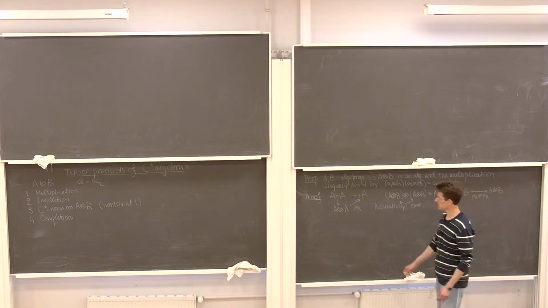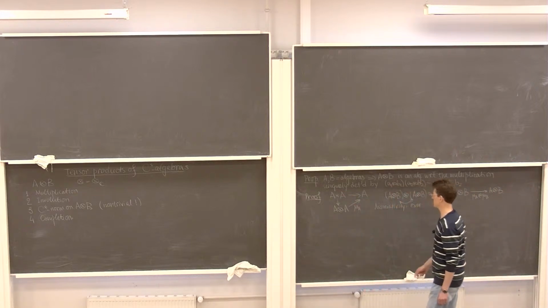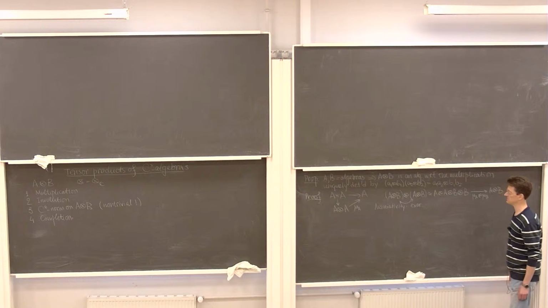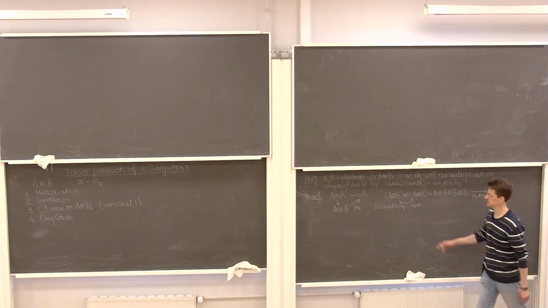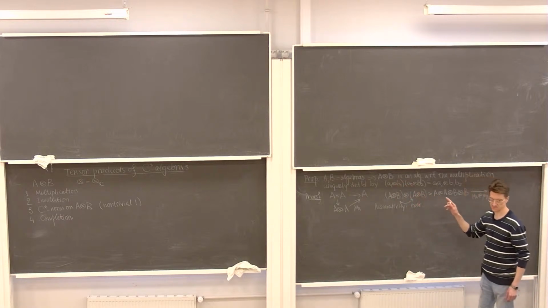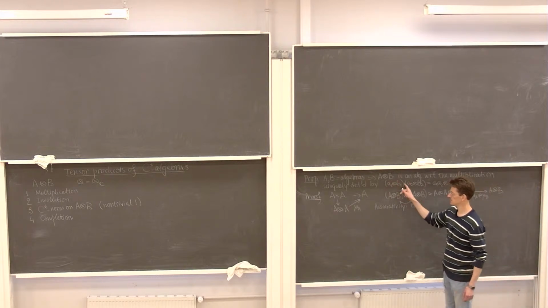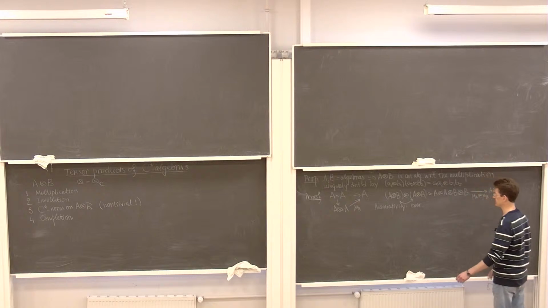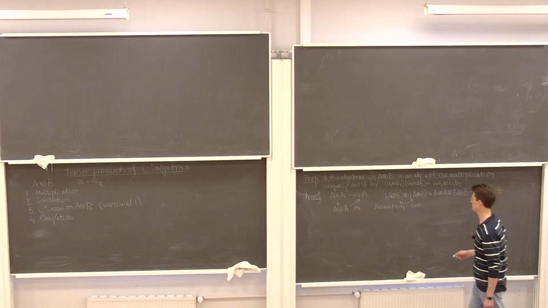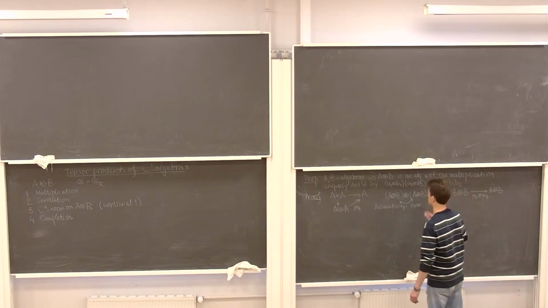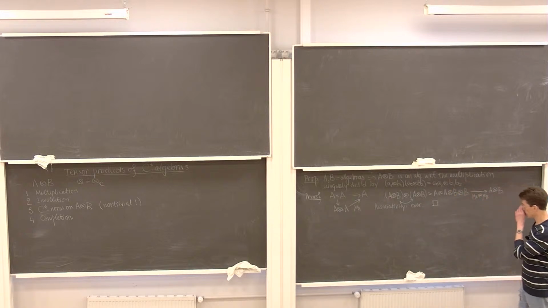And finally, the uniqueness of such a multiplication is also immediate from the fact that the tensor product is spanned by elementary tensors. So every element in the tensor product is a finite sum of elements of this form. So this gives us the uniqueness. Okay.